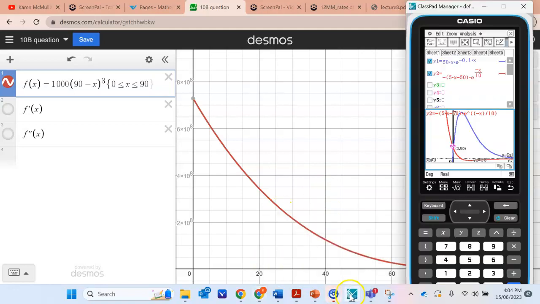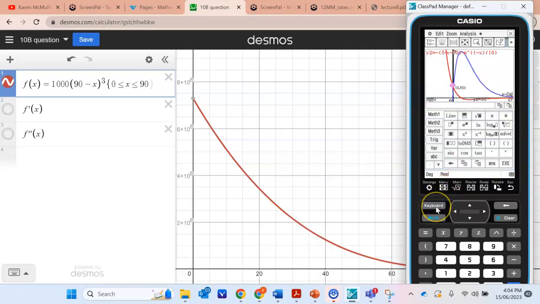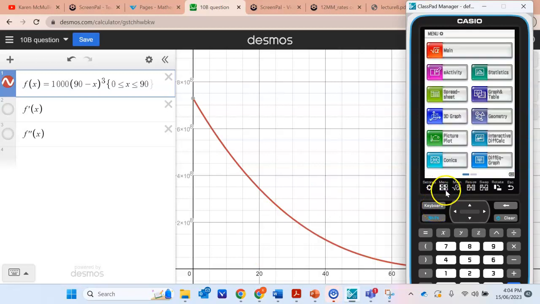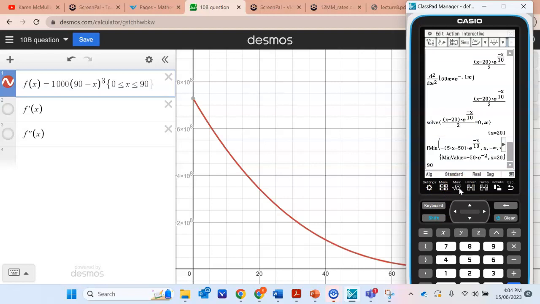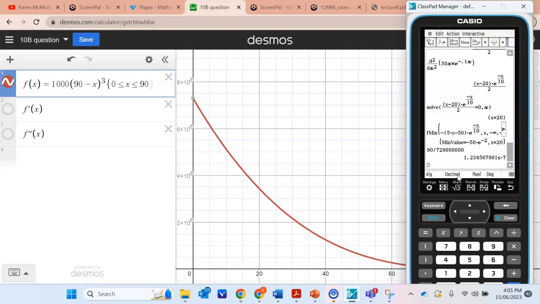So maybe I can do it on a calculator. Let's go to our main screen. I've done so many other things on here. So 90 divided by 729, and it's going to give me an exact value, so let's turn it into a decimal. It's really annoying.